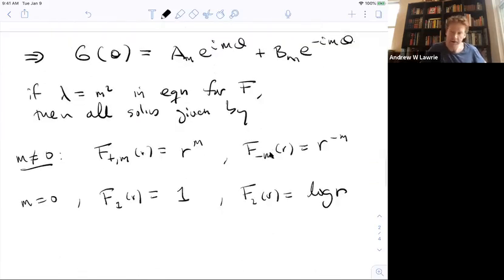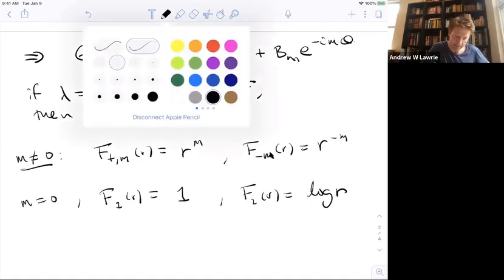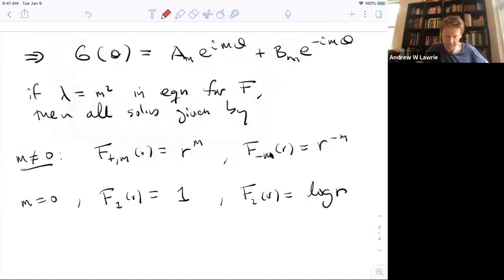Okay, but you can think of this as a physical problem that we're trying to solve, like a steady state heat equation. Which means that we can get rid of the solutions which are unphysical. So as r goes to 0, this solution has a singularity, right?